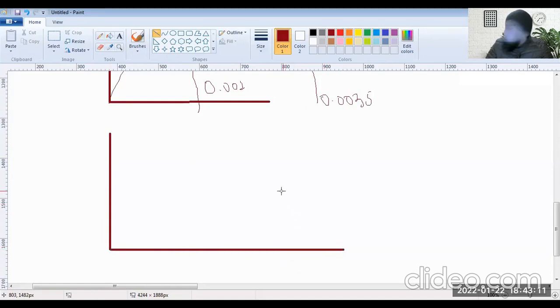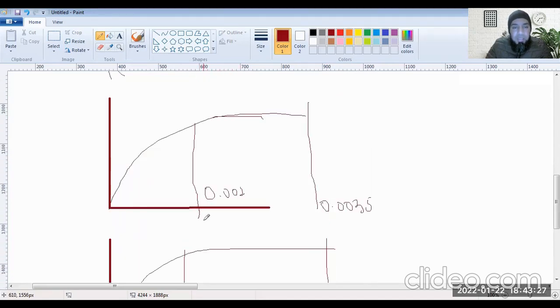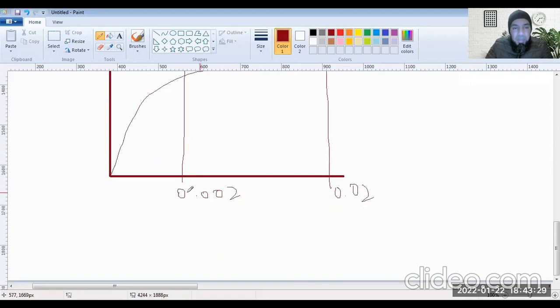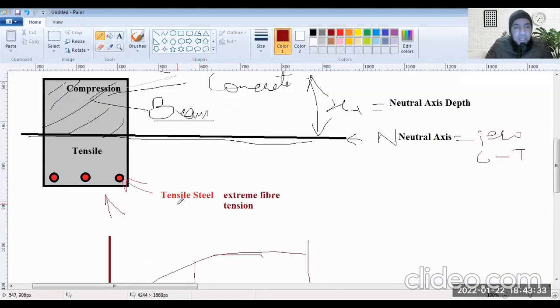So for concrete you would have this, and for steel it would be somewhat like this. This would be 0.02, and it is 0.002 at a particular location. I told you this last time. So there is a strain compatibility up till the point 0.002. I discussed this last time.